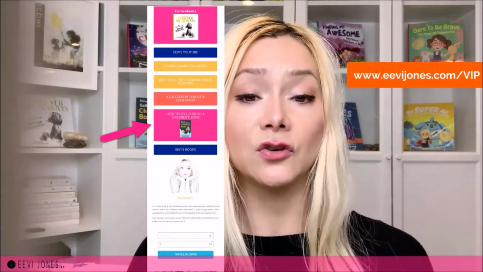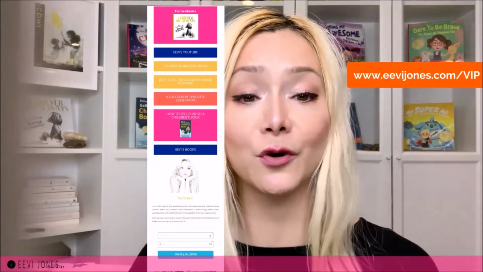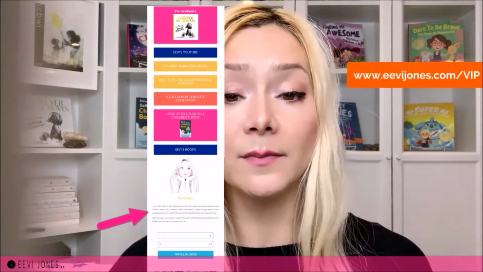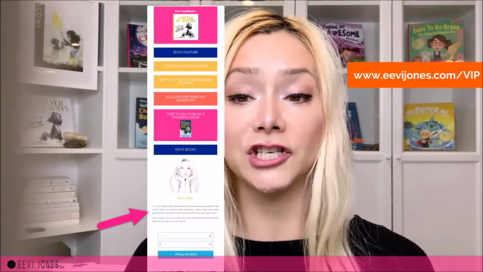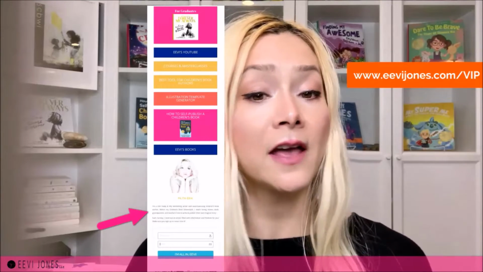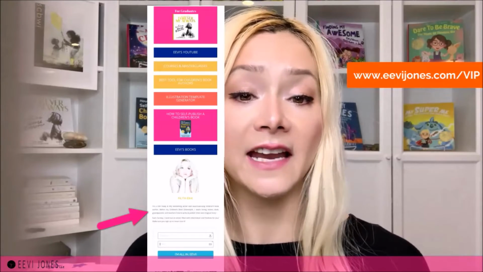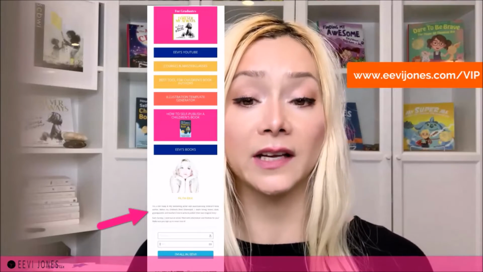I also have a link to my book, How to Self-Publish a Children's Book, and a link to my other books. And at the very bottom, I have a super short bio where I share a sentence or two about myself, that I'm a USA Today and Wall Street Journal bestselling author, where I'm inviting others to sign up for my weekly Sunday email. So if we are placing a link sharing page on our own website, there are literally no limits in terms of what we can share.